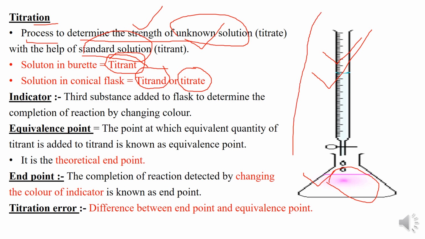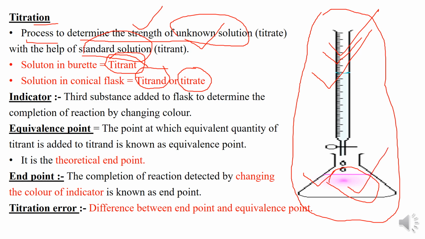So this is the general instrumentation of the titration process. This one is the burette and this one is the conical flask.